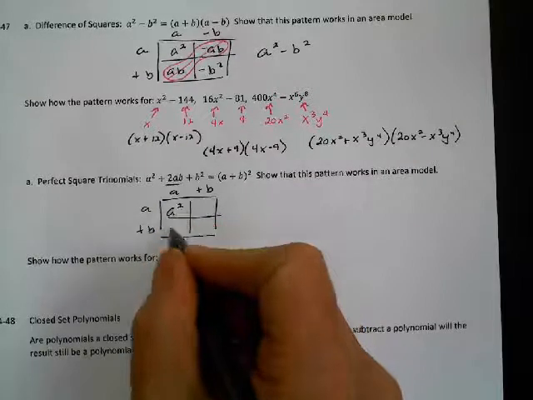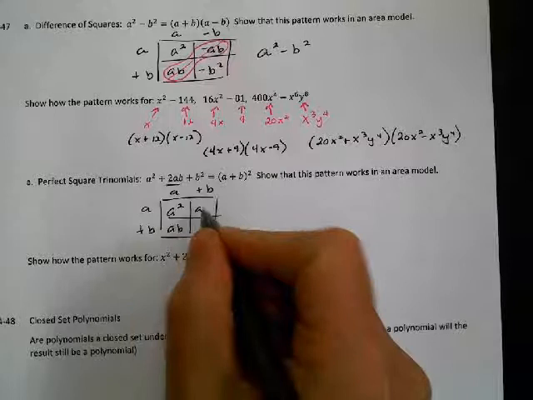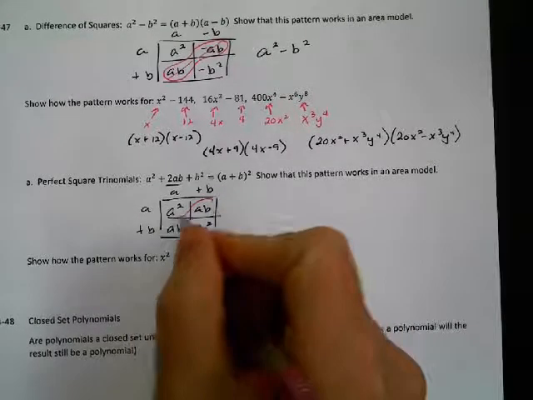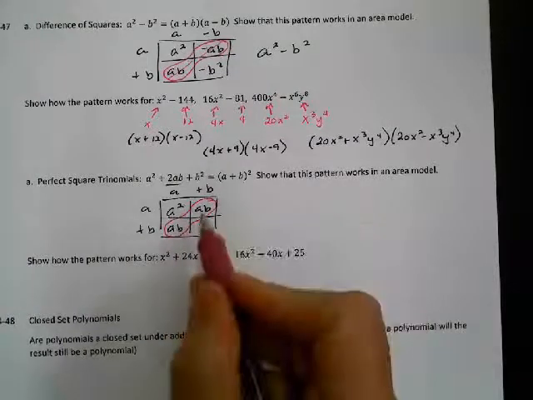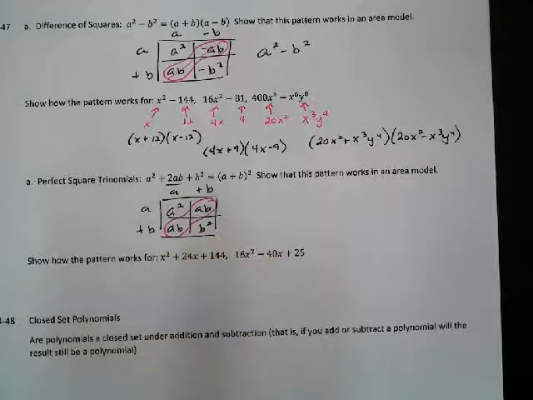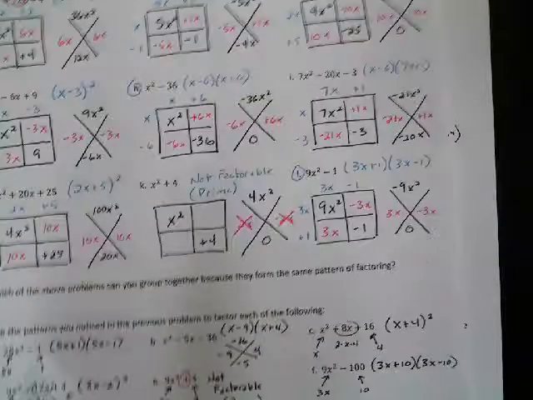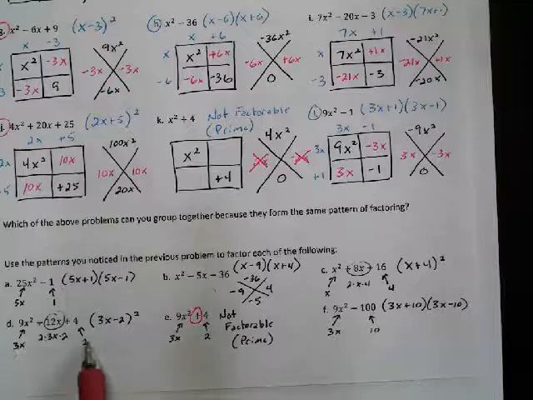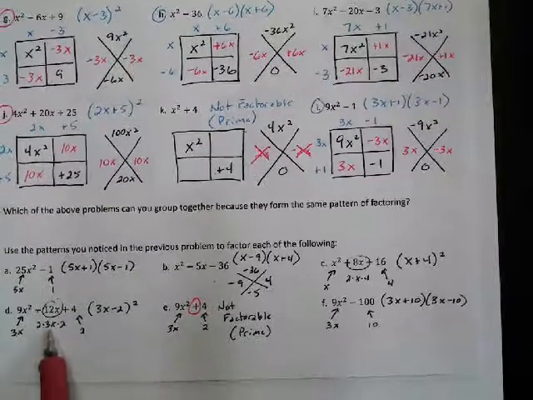Now this time, the like terms are not canceling. There's two of them. There's two of the a times b's. So that's why on this one, the middle term is 2 times this times this. There's two of them there. Same thing with this one. It's 2 times x times 4.